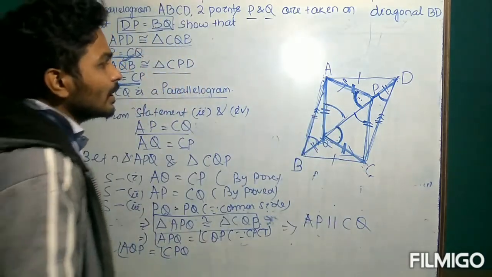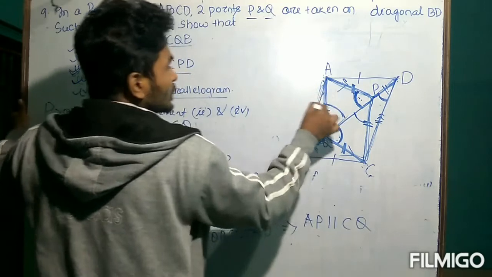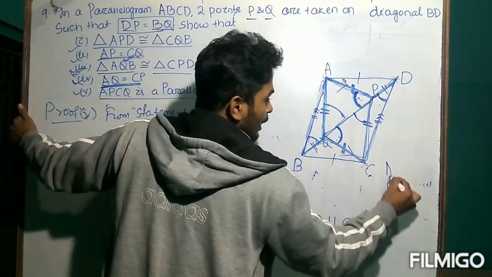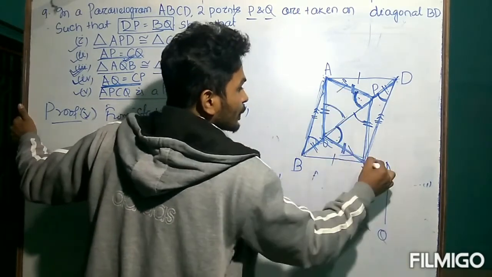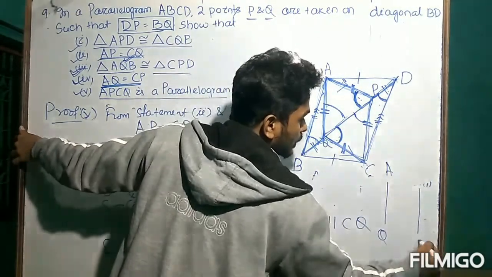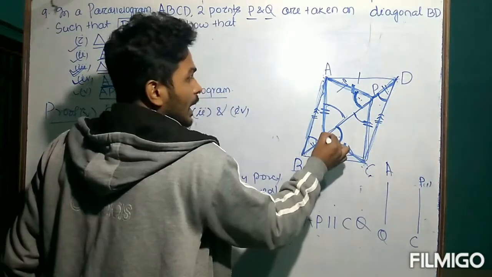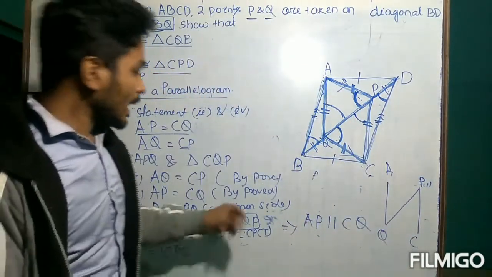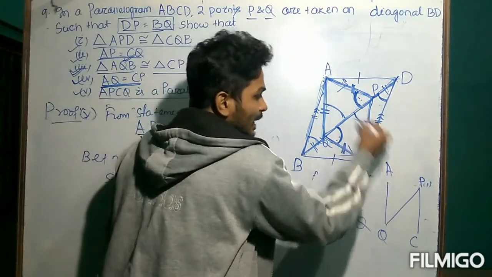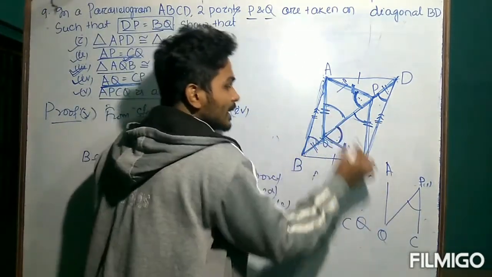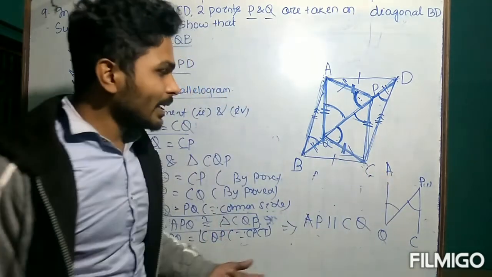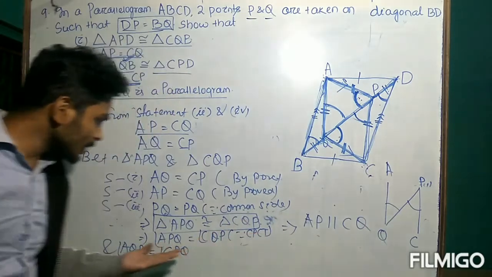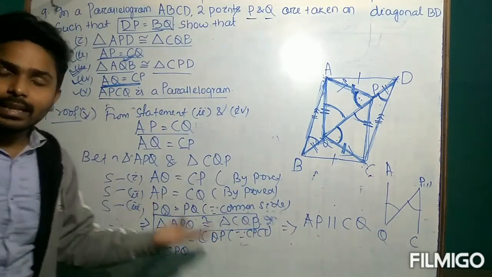Let's understand. So for this we have to take two sides, AQ and PC. Just understand this. We have taken AQ and CP, and PQ is a transversal line. Yes or no? And here what we have proved? This angle is equal to this angle. Now tell me, these two angles are known as alternate angles, and already we have proved that these two alternate angles are equal.